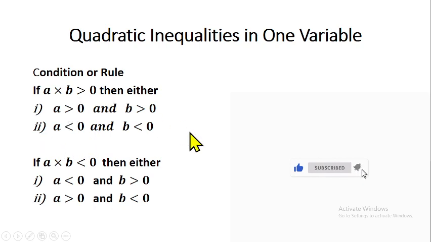Now, you know that when you are solving a quadratic equation, let's go back to the quadratic equation now. When you are solving a quadratic equation, you can use different methods to solve it, whether by factorization method, completing the square method, the formula method, or graphical.